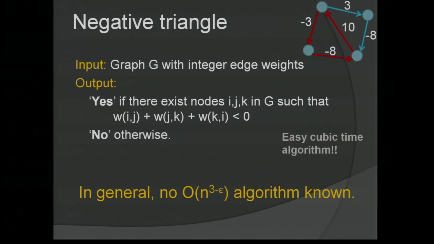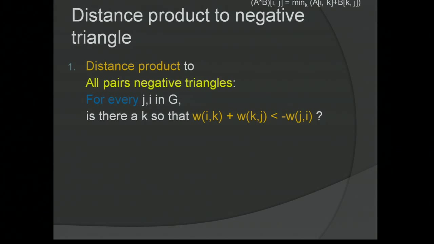Again, just as usual, I am fascinated by problems where this happens, so you can just assume this happens for every problem I say. Okay, so we will reduce distance product to this simple looking problem, and we'll do this in two steps. The first step is to take an intermediate problem.